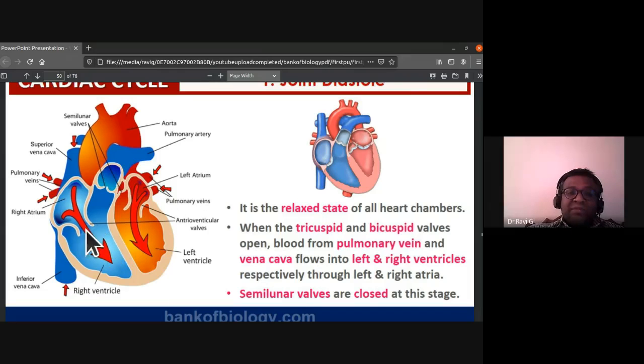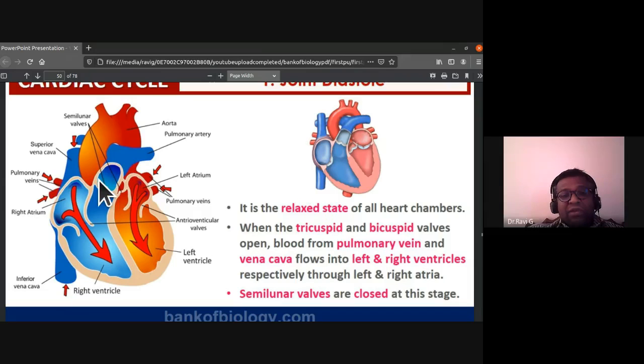At this stage, the tricuspid and bicuspid valves are open. So blood from the pulmonary vein flows into the left atrium, and from the left atrium into the left ventricle. Similarly, the blood from the vena cavas, inferior and superior, enters the right atrium and then the right ventricle.